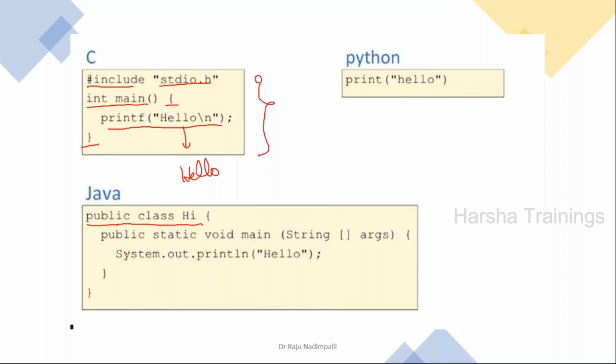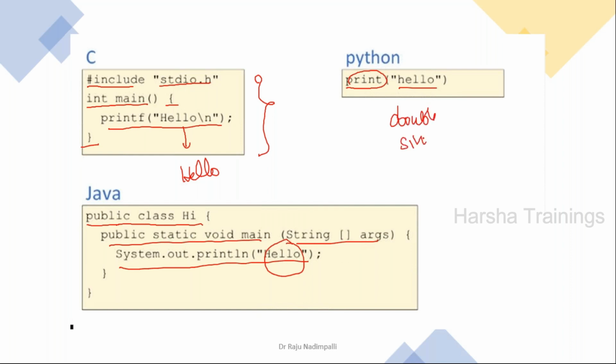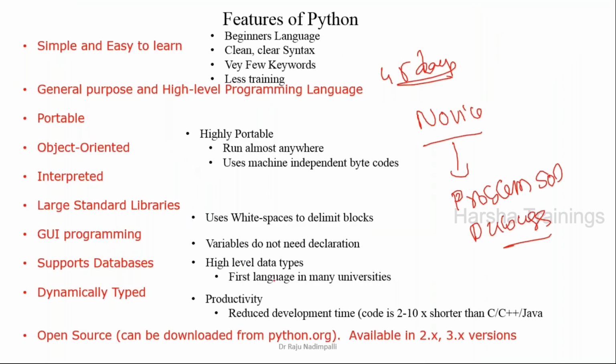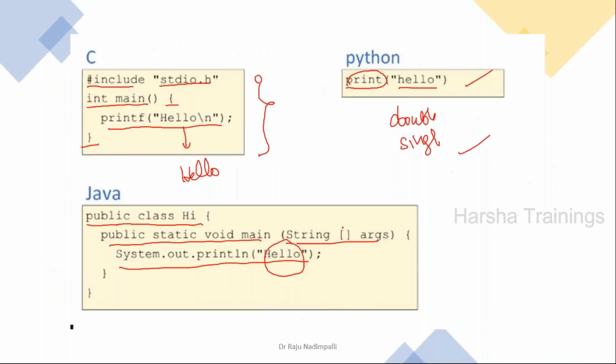A public class name, a main function, String array, System.out.println to print the hello message. Whereas in Python, simply use the built-in function print. You can use either double quotes or single quotes. Both are valid in Python. Simple statements. In the previous slide, I showed reduced development time. Using Python, my entire development time will be 2 to 10 times shorter.